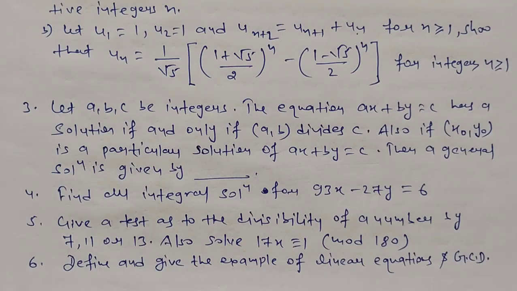The fifth problem is to give a test for the divisibility of a number by 7, 11 or 13. Also solve 17x congruent to 1 modulo 180. So this is a problem from number theory. The sixth problem is to define and give an example of linear equations and the greatest common divisor.